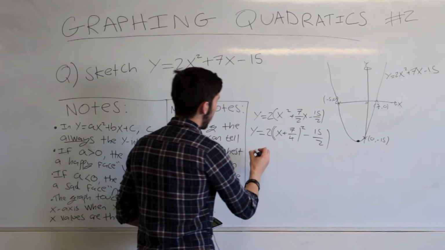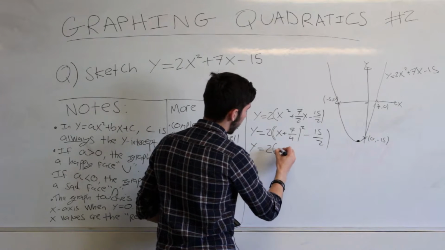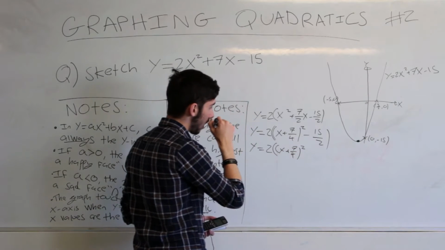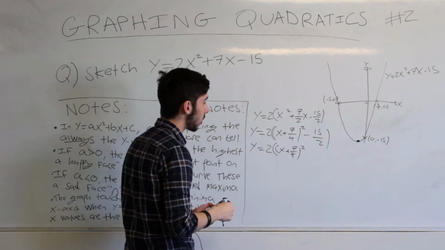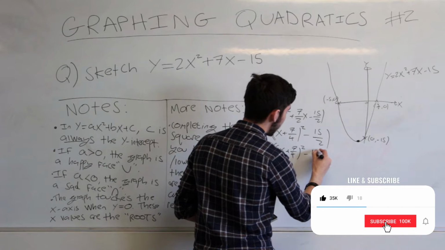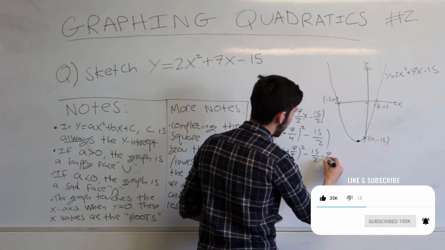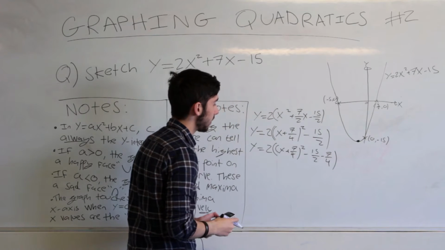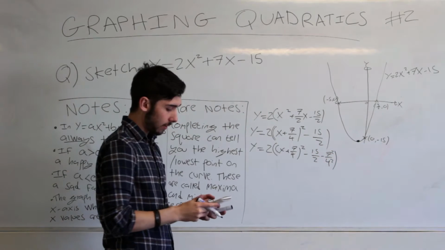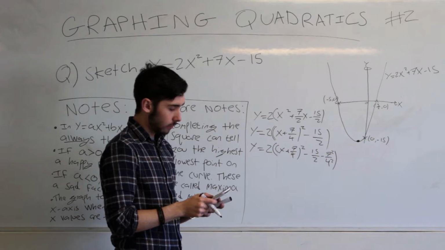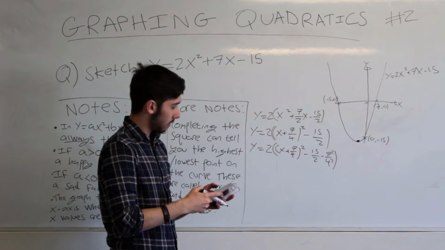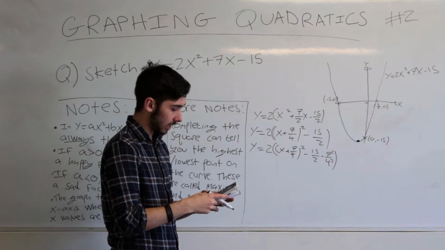Y equals 2 times x plus 7 over 4 squared, and we also need to take away that. So it's minus 15 over 2 minus 7 over 4 in actuality, or rather 7 squared over 4 squared. So if we do that, we have 15 over 2, taking that away, minus 15 over 2, minus 49 over 16.